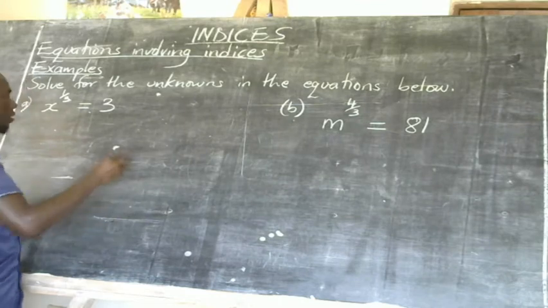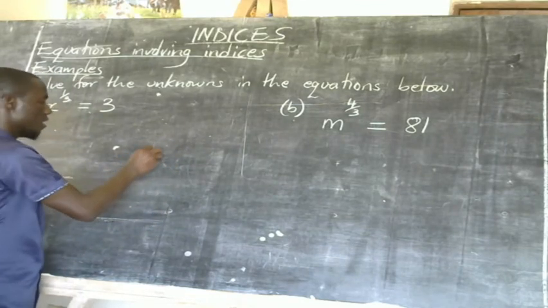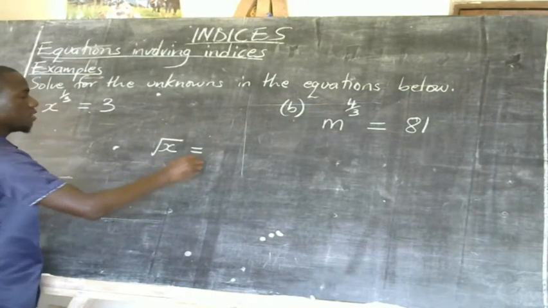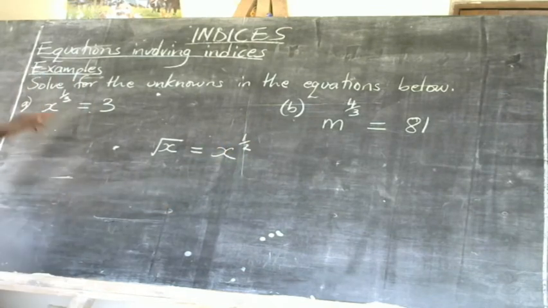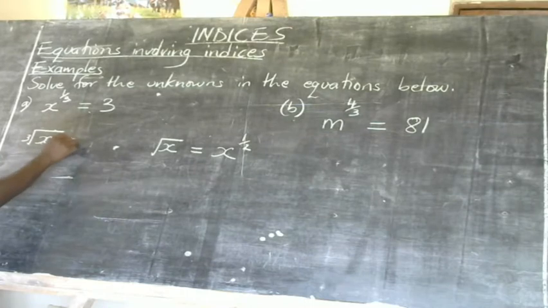Recall in O-level indices that root of x in index form, we expressed it as x power a half. So this x power a third, we can call it the cube root of x, which is equal to 3.